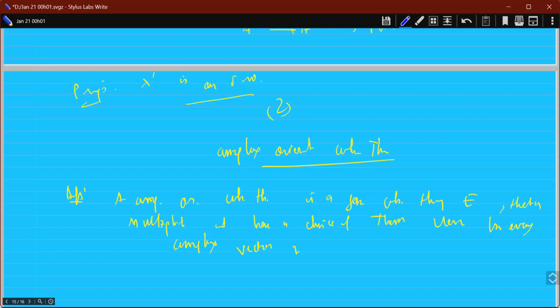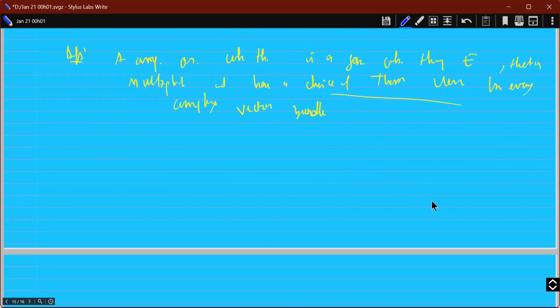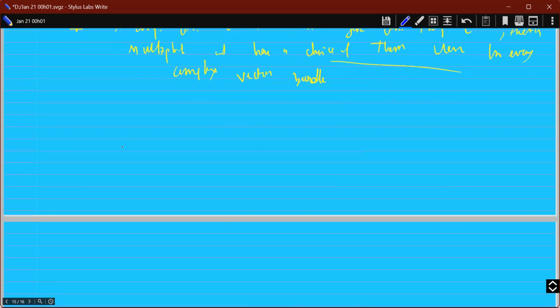So let's unwrap this a bit. What do I mean by the second part, the fact that it has a choice of a Thom class for every complex vector bundle? Suppose we have a complex vector bundle of dimension n.